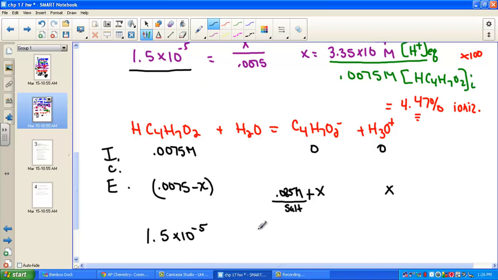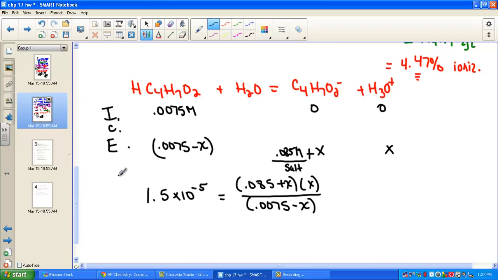That's the Ka for butanoic acid, set equal to 0.085 plus X times X over 0.0075 minus X. That's the true calculation, but let's make some safe assumptions. Let's assume that the percent ionization, it was already small, and we predict it's going to be even smaller, that the value of X's can simply be tossed out.